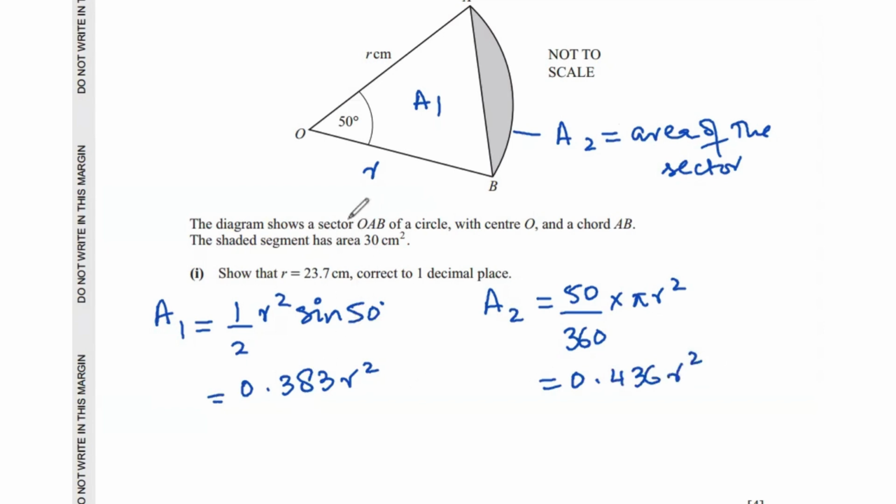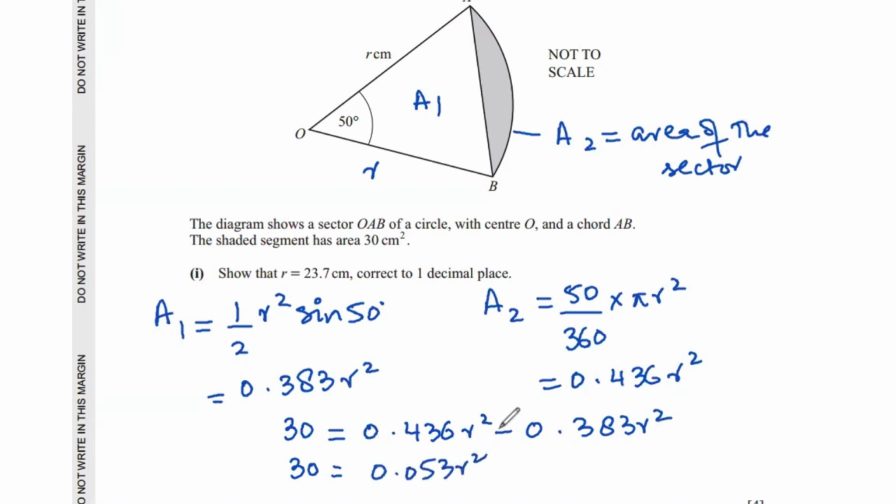So that means the shaded area is going to be the difference of these two. So 30 equals the area of the sector minus the area of the triangle OAB, and that is 0.053 R squared over here.